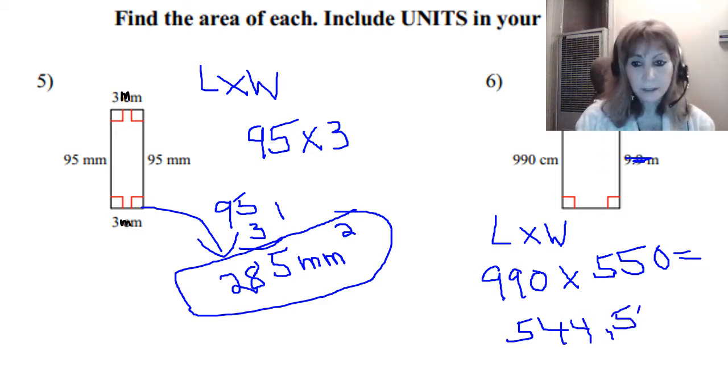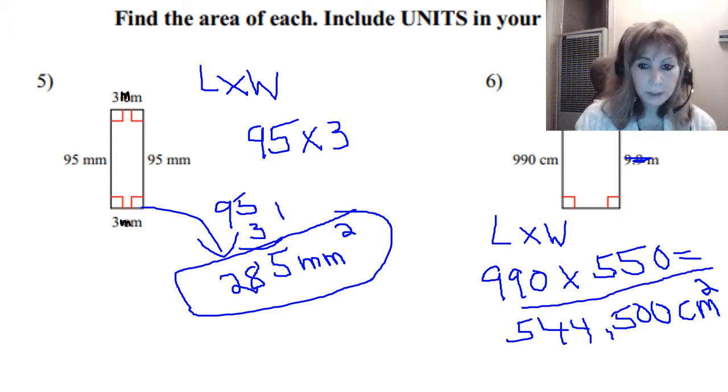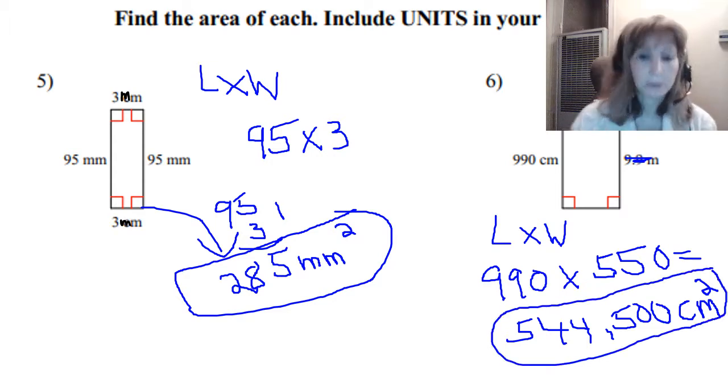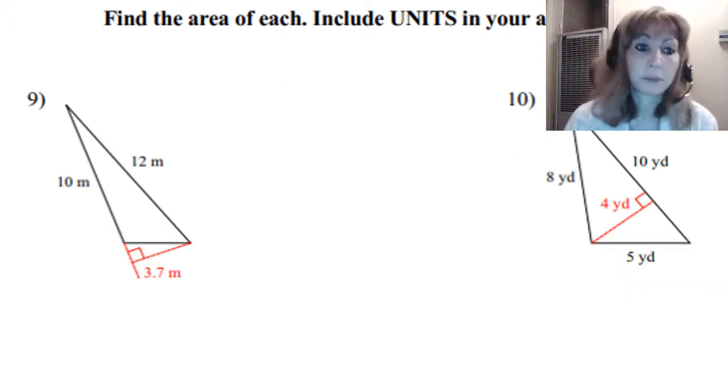That's quite a big area to cover, and that's centimeters squared. Don't forget, it's two-dimensional area, so you have to put your units as centimeters squared. A lot of you forget that, but it's very important.